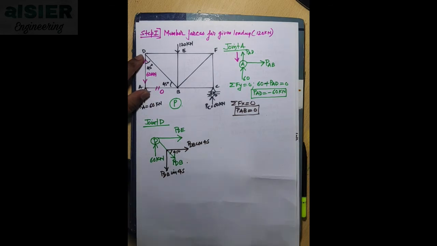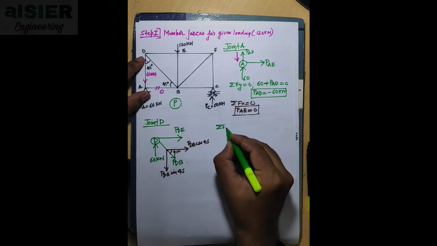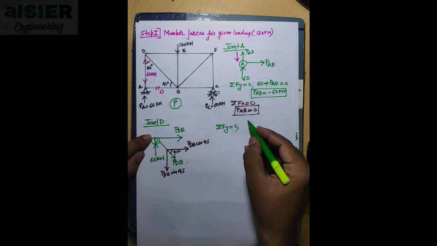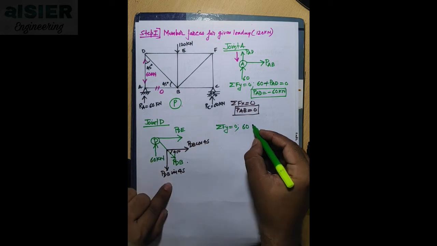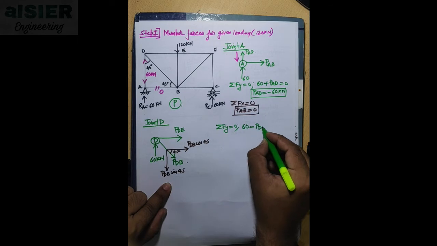Right? We know these basics. Now we will do summation of Fy first. So we know that 60 is going upward, so we will write plus 60, and then this PDB sin 45 is going downward, so minus PDB sin 45 equals 0.